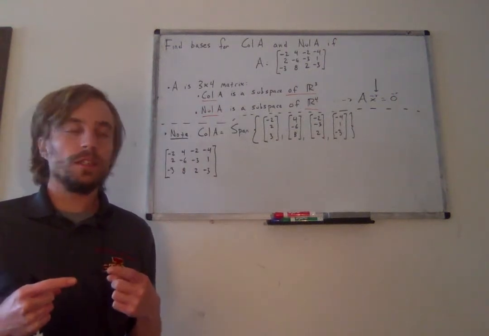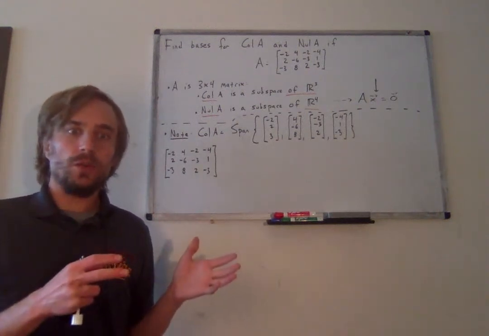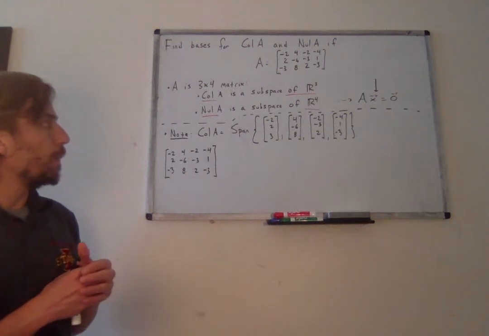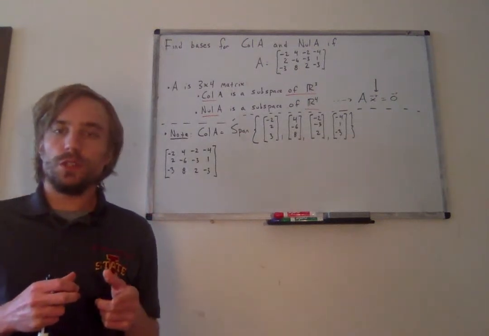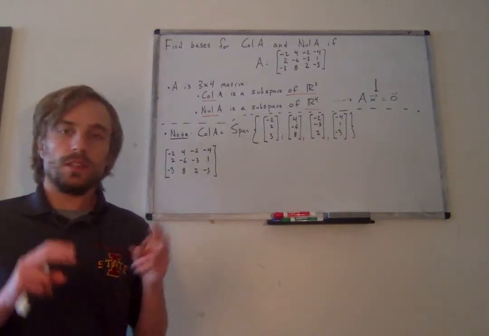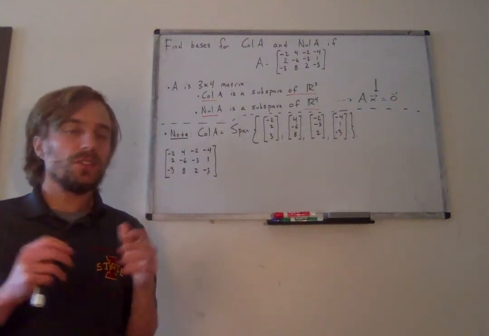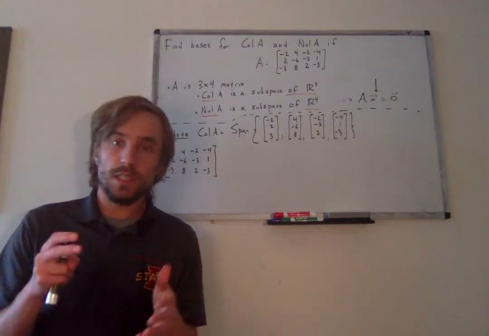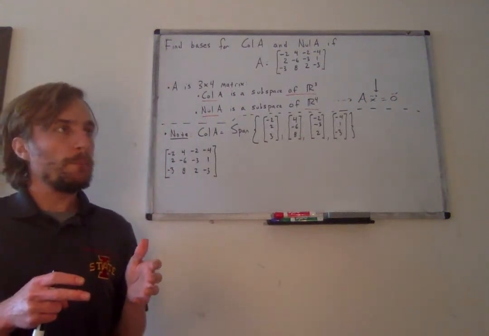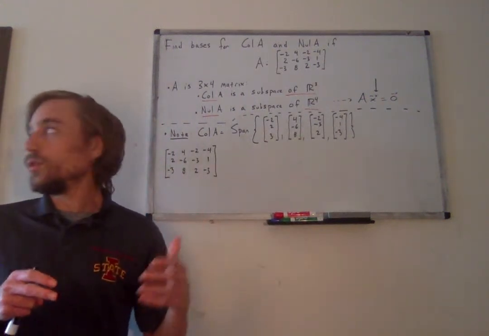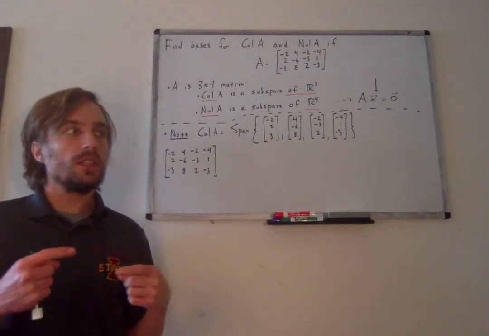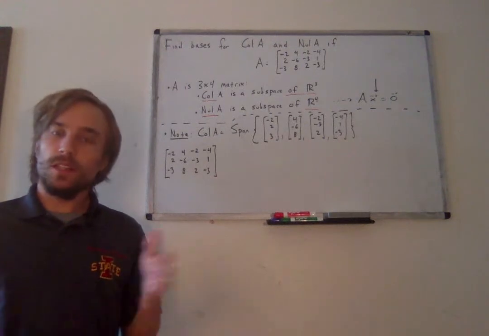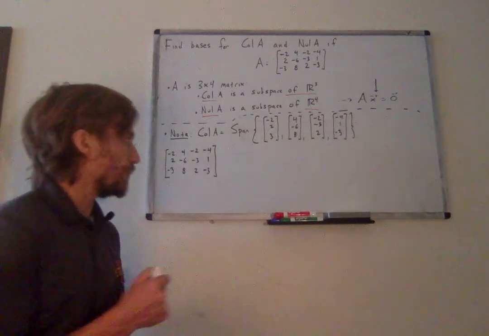So for that reason, if you think back to it as a system of equations, each column that corresponds to a pivot will represent a linearly independent vector, and each column that doesn't will be something that's redundant. Like it's a free variable, and so we can write that in terms of the other vectors.